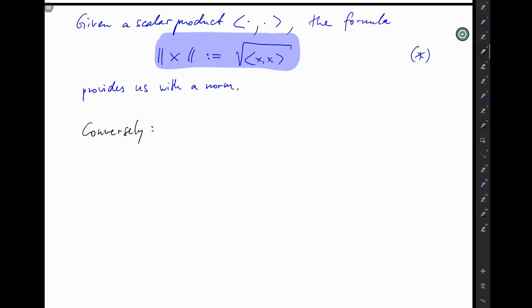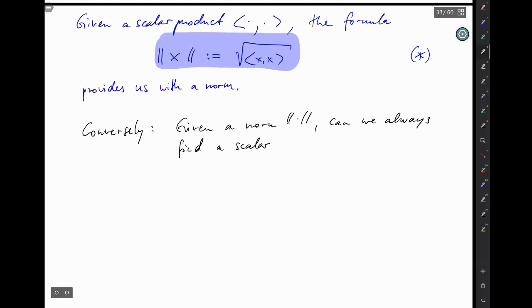So conversely, given a norm, can you always find a scalar product such that star holds?